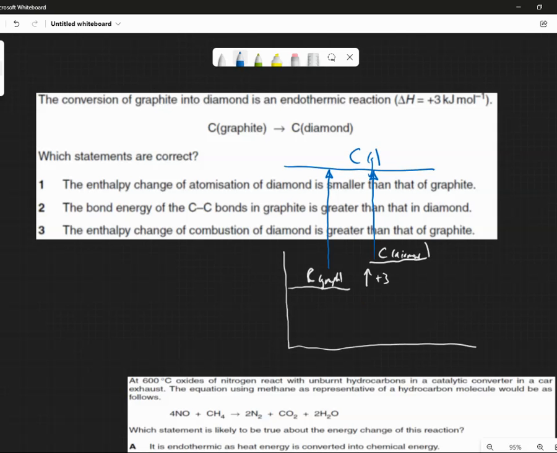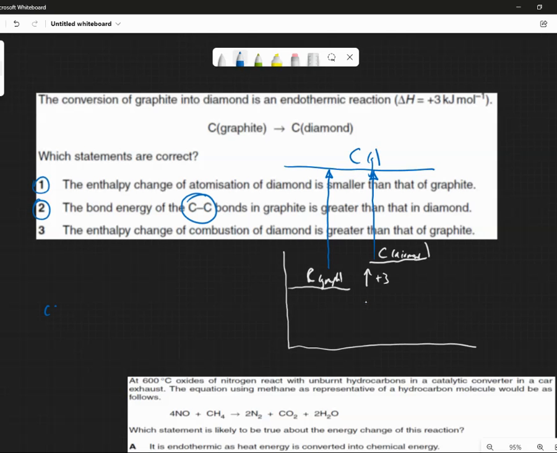Because graphite to diamond, okay, that's cool. Now, from argument number 1, argument number 2 must follow. If the energy to atomize them is greater, it must mean the bond energy of the C-C bonds is stronger in graphite.